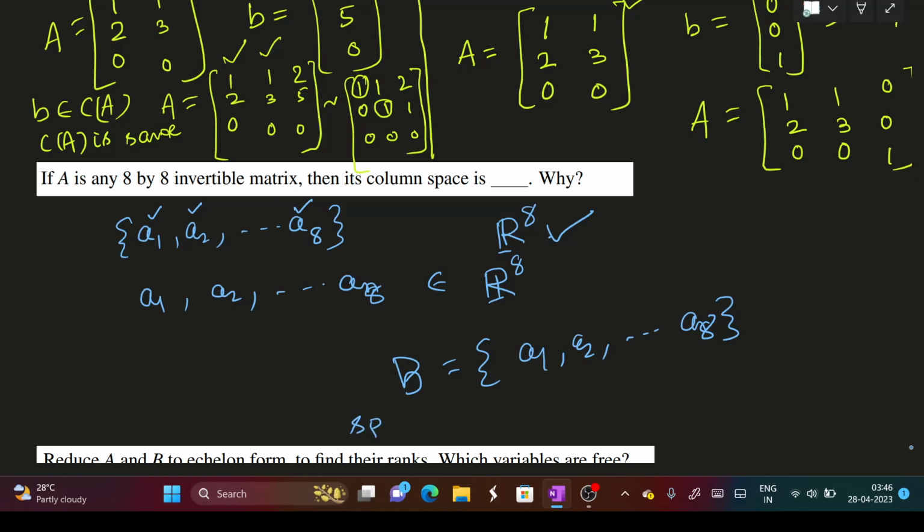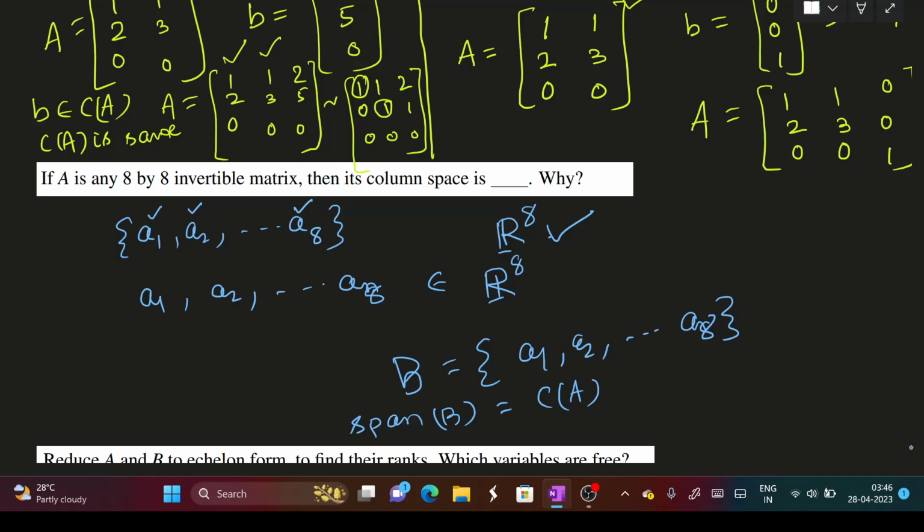Span of B is, by definition of column space, my C of A. And what is B? B is a set of 8 linearly independent vectors in an 8-dimensional vector space.